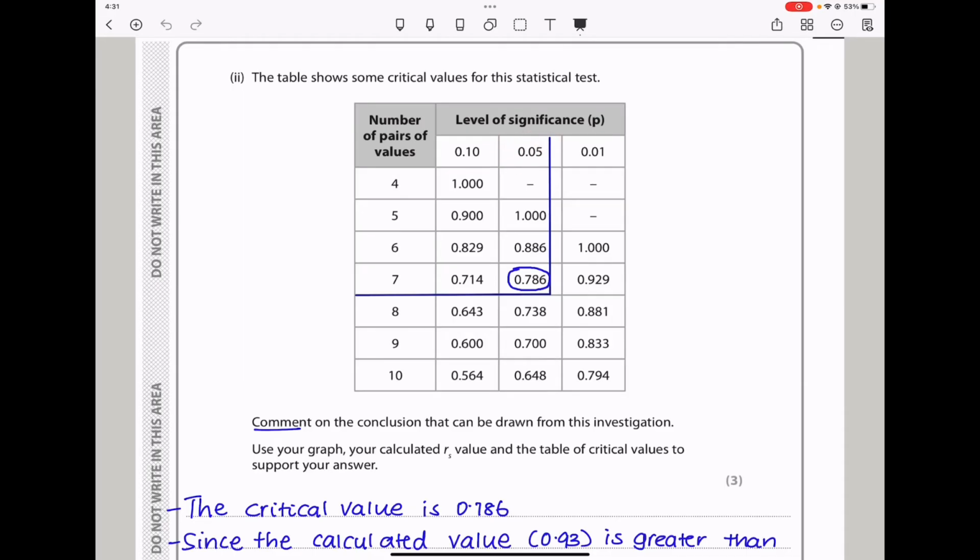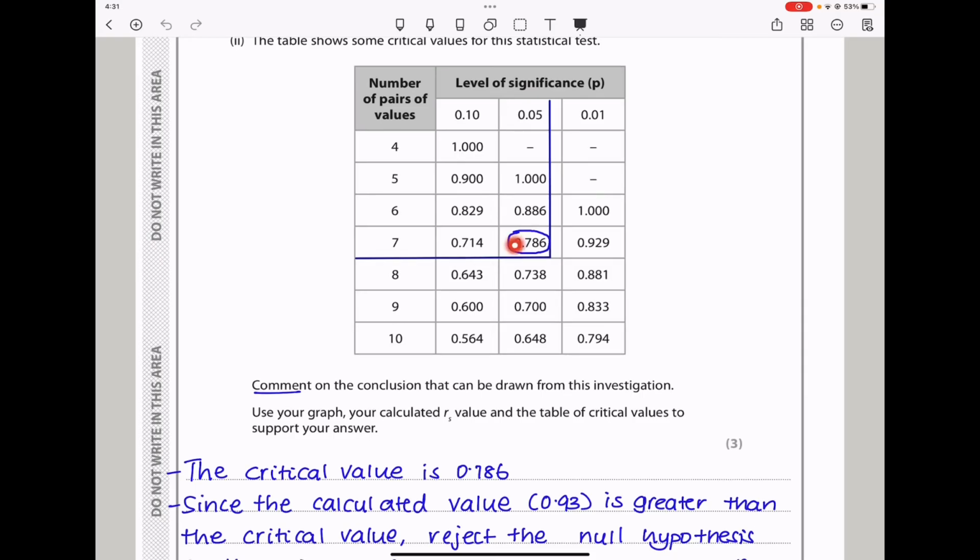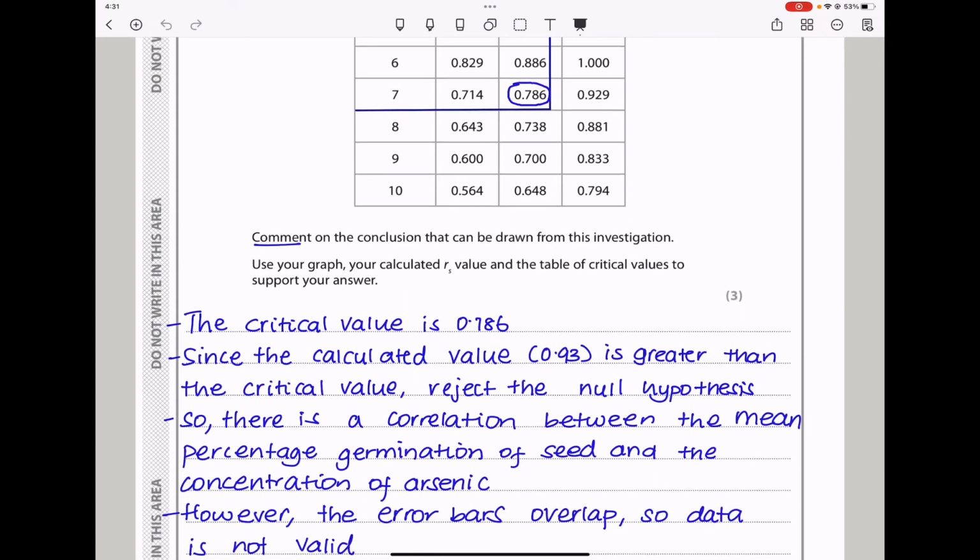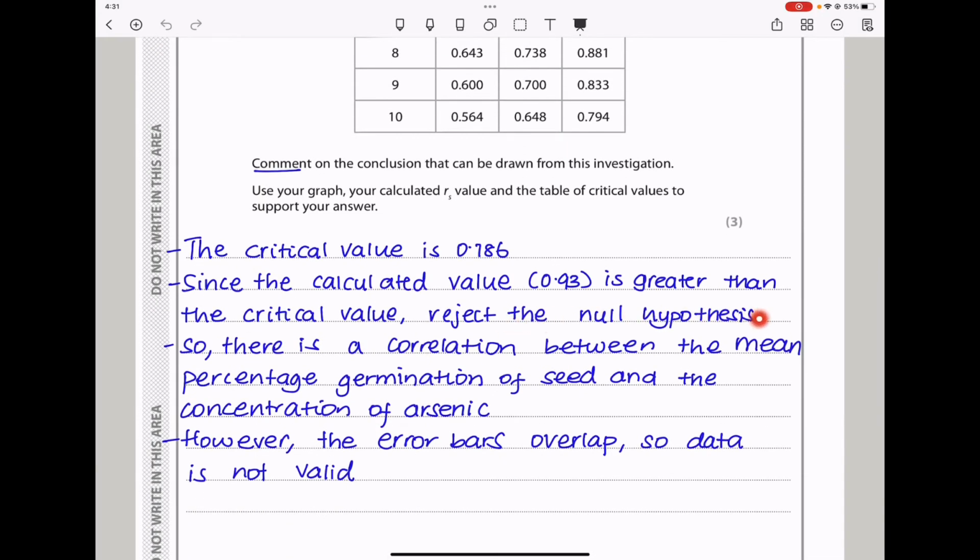So since there were 7 number of pairs, the corresponding value is going to be this one as our critical value. So we can see comparing 0.786 and 0.93, which was a calculated value, this is lower than the calculated value. So here I said the critical value is 0.786. Since the calculated value, which is 0.93, is greater than the critical value, we reject the null hypothesis.